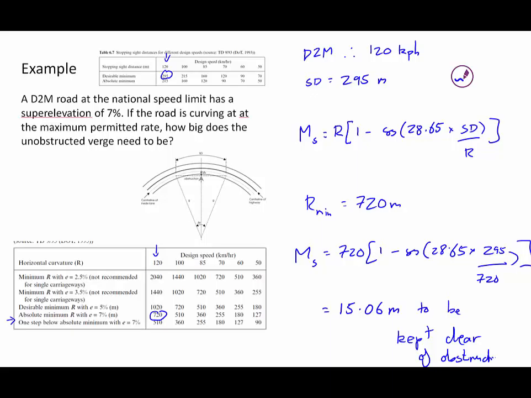In reality, what that means is a low profile. So normally grass, but maintain that grass, cut it down, make sure bushes don't grow, make sure plants don't grow. Certainly above a height of about 1 metre, so that the drivers have that visibility all the way around the curve.